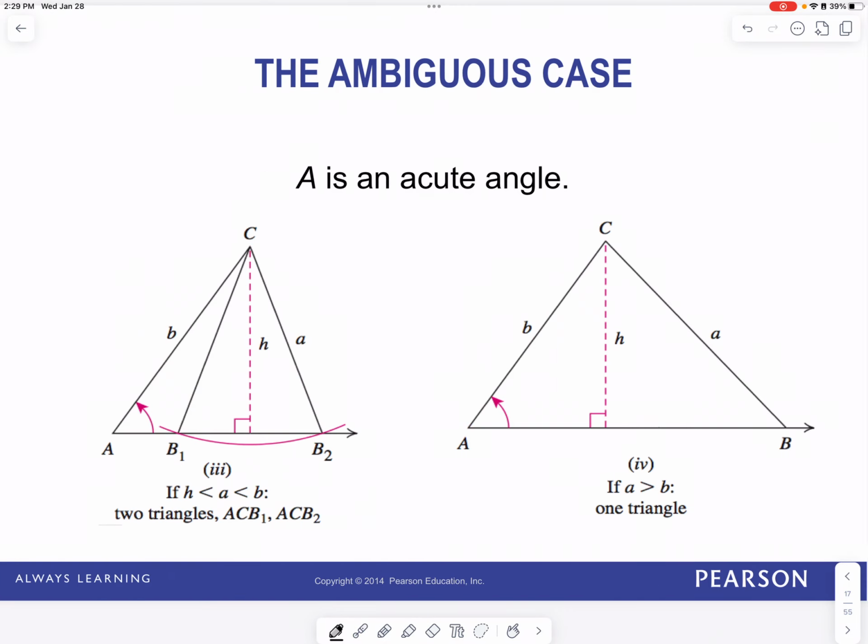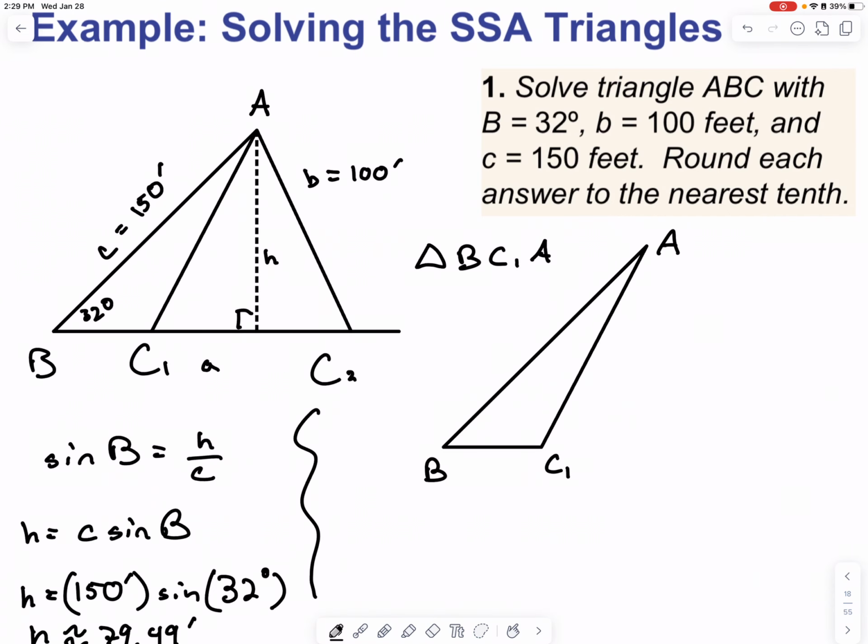Okay, let's keep going. Now we have 32 degrees here. We know that this side B here is going to be 100 feet. We don't know angle C just yet, or angle A, but we know that side C equals 150 feet. So, 32 degrees, 100 feet.